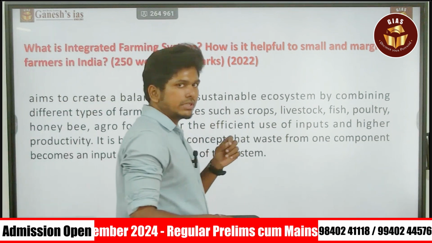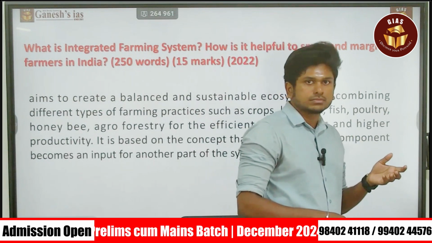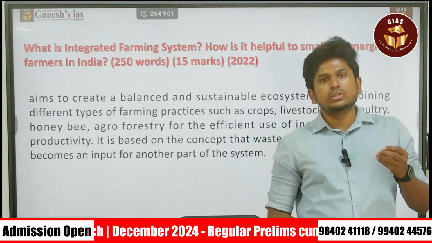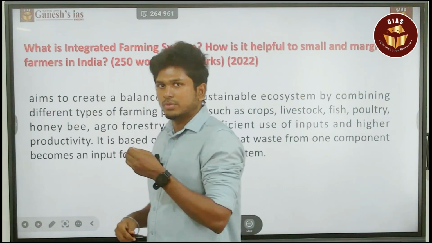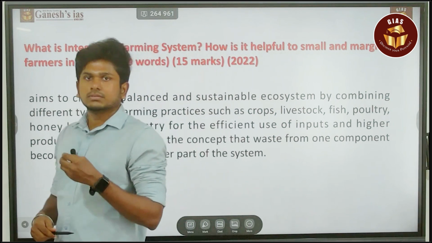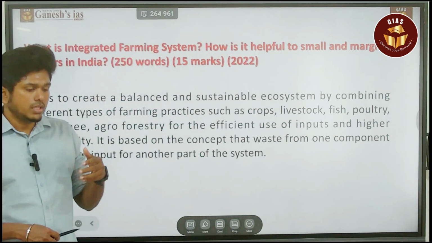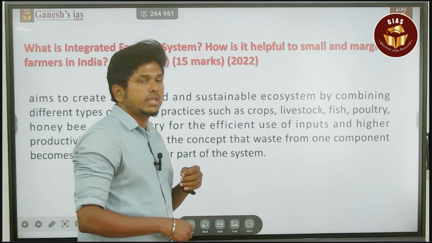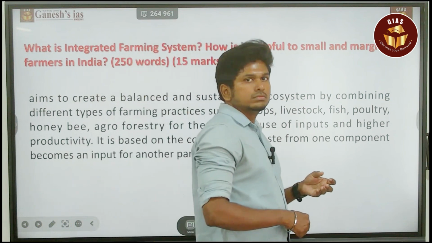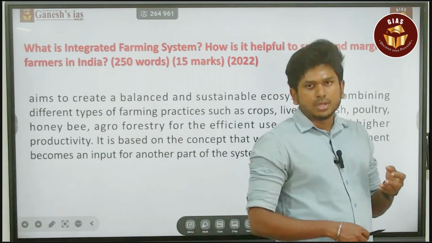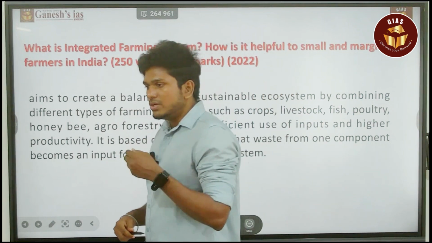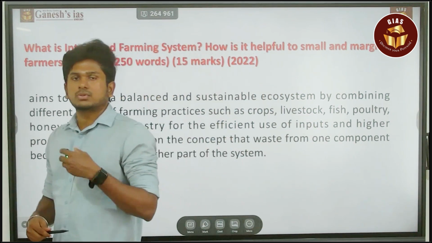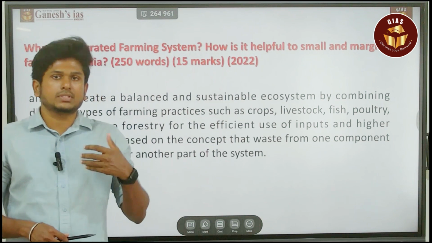You have to do certain brainstorming about this question. So more than 80% of India's farmers are small and marginal farmers. This is the data. You have to use it in your answer. That is the more important one, because it is an economic question. So you need to give certain data to enrich your answer's presentation.